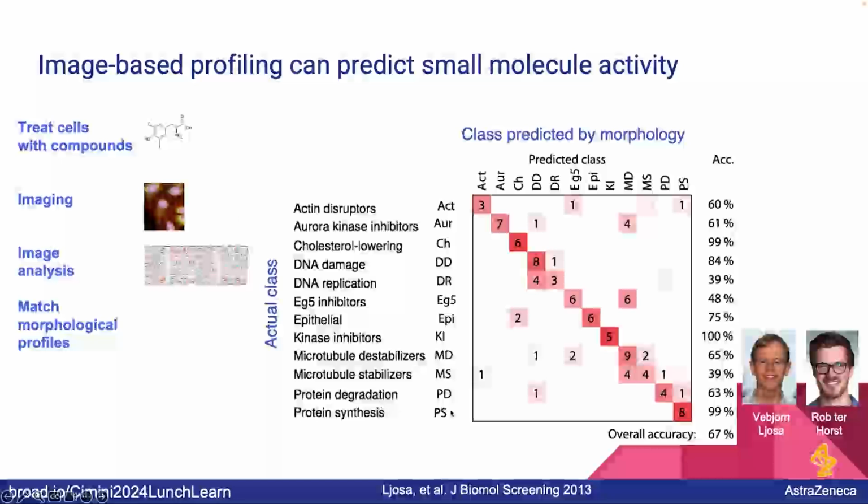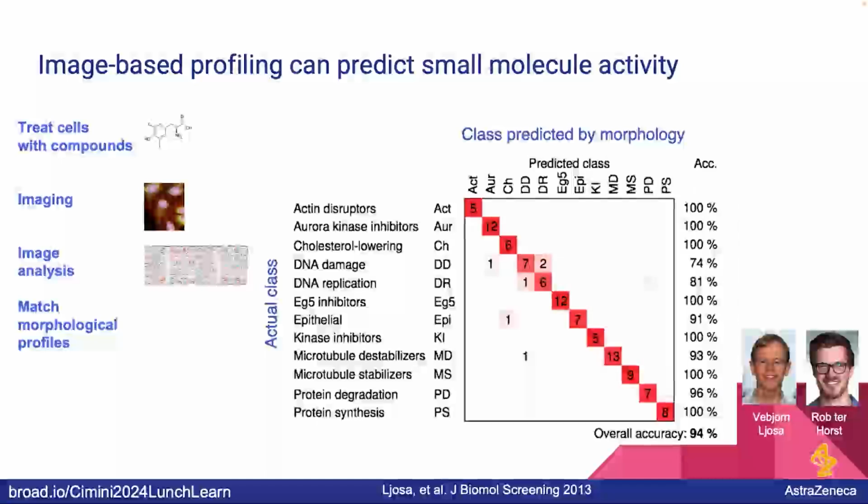So we're seeing perfect classification of protein synthesis inhibitors just in the nucleus. When we go to 3 channels, 94% accurate. And even the mistakes, again, DNA damage and DNA replication are incredibly interlinked biology. So the mistakes are just as much about the tight little boxes that don't actually work in biology as it is about the computer doing something wrong.